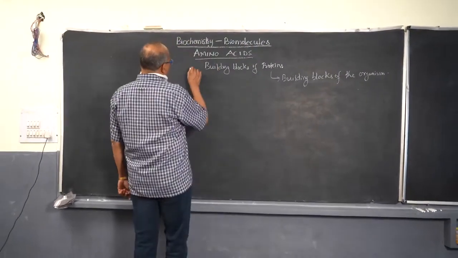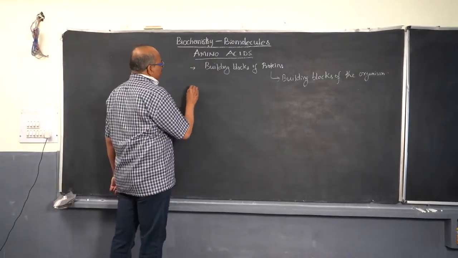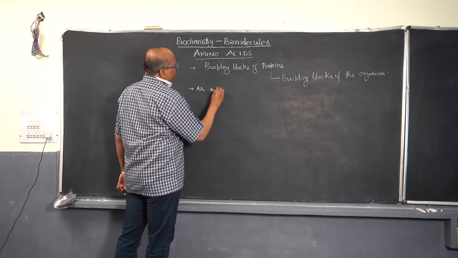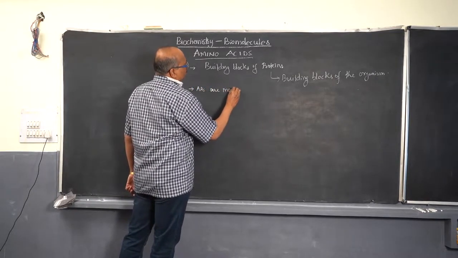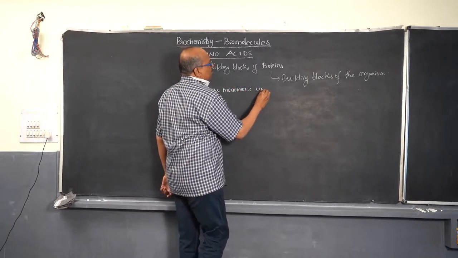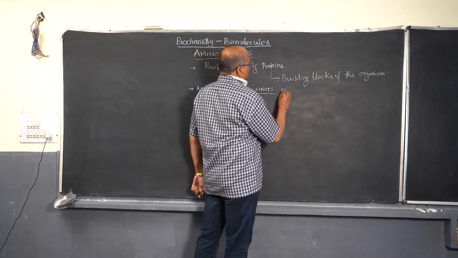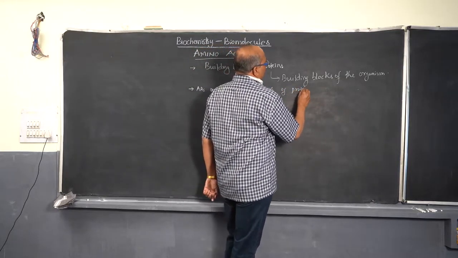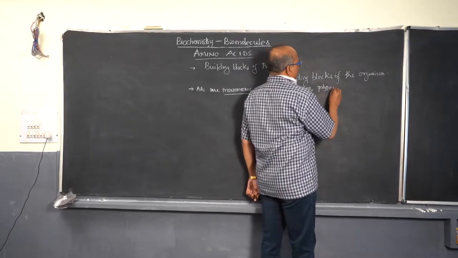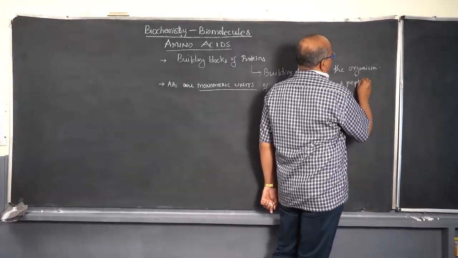A second way we can define amino acids is, amino acids are monomeric units. That is, basic units, monomeric units of proteins, polypeptides, and peptides.